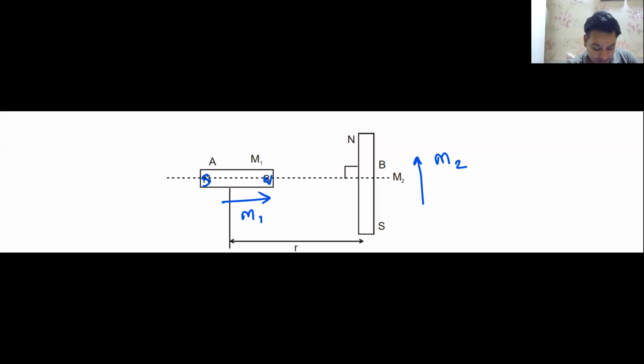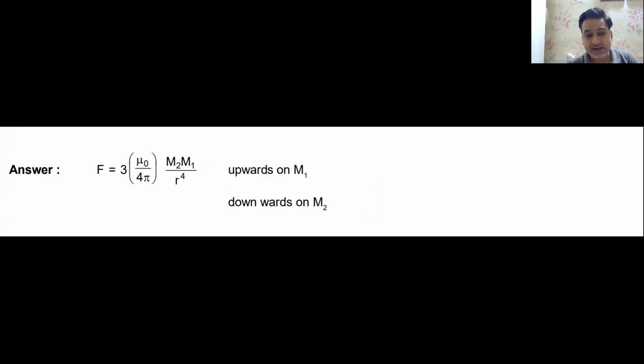Remember, this is not so much about solving it. This is more about remembering what answer you get. And you just remember that the force in this case is 3 mu naught by 4 pi, M1 M2 by r raised to the power 4. Let us not get into how it is achieved. It is achieved in the same way. You can find the magnetic field on the axis due to the two poles, and then calculate it.